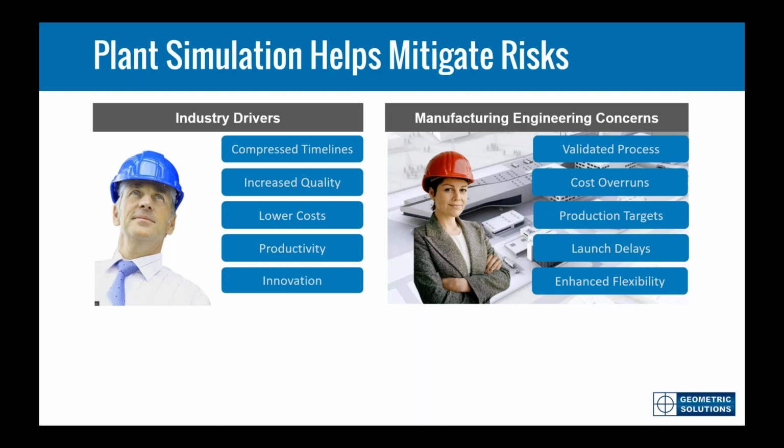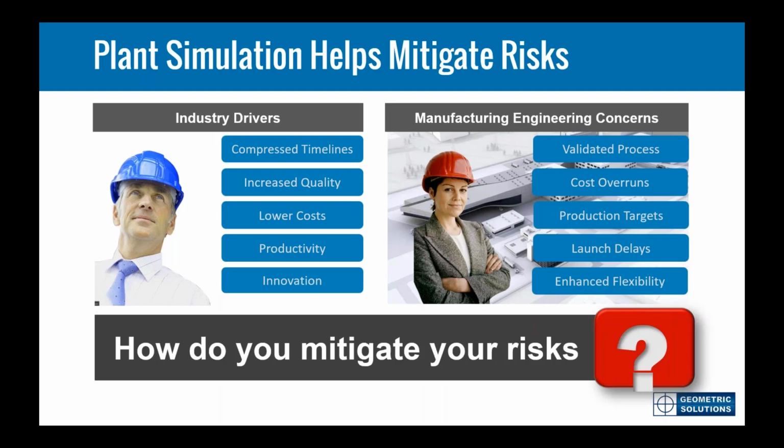And then on the manufacturing side, you've got cost overruns, launch delays, validation processes that are really huge influences in your business. And so plant simulation can help you manage this. This is going to be the way that you can manage your risk, using the digital twin of plant simulation.